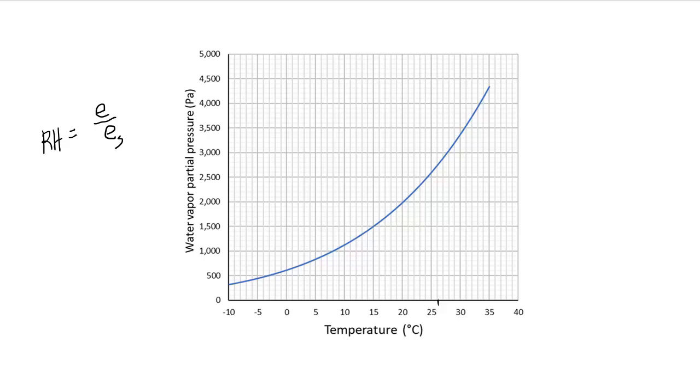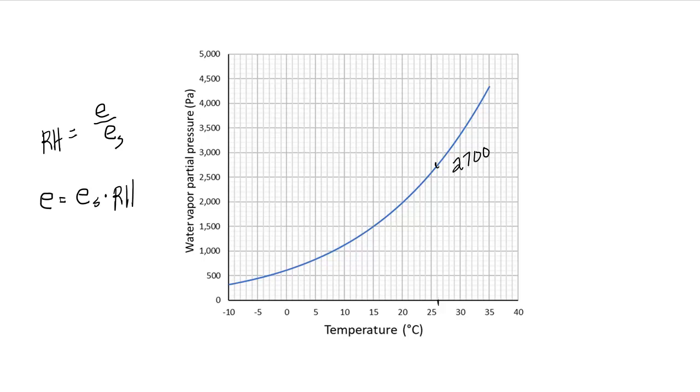So at 26 degrees, saturation here looks like it's about 2,700 more or less, 2,700 pascals. So the relative humidity is equal to the actual humidity partial pressure divided by the saturation partial pressure. If I could just rearrange this equation, the partial pressure is equal to the saturation level times the relative humidity.